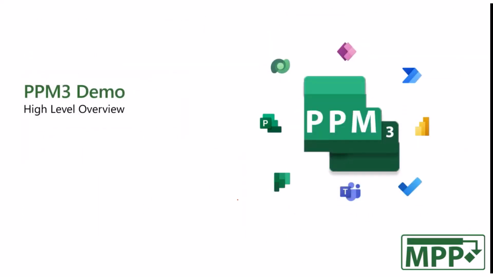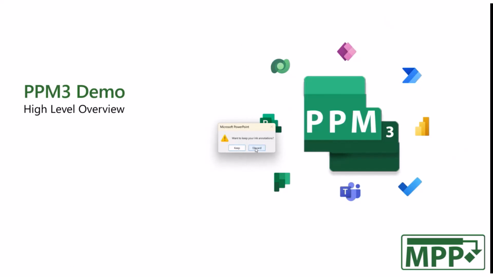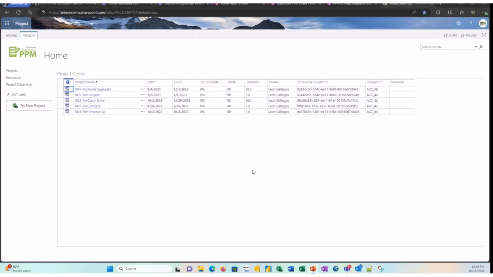Enough of the slides. We'll spend the next half hour working through a quick little demo of this hybrid environment. So go ahead and discard those changes. This is just a little demo environment, this quick start PPM.